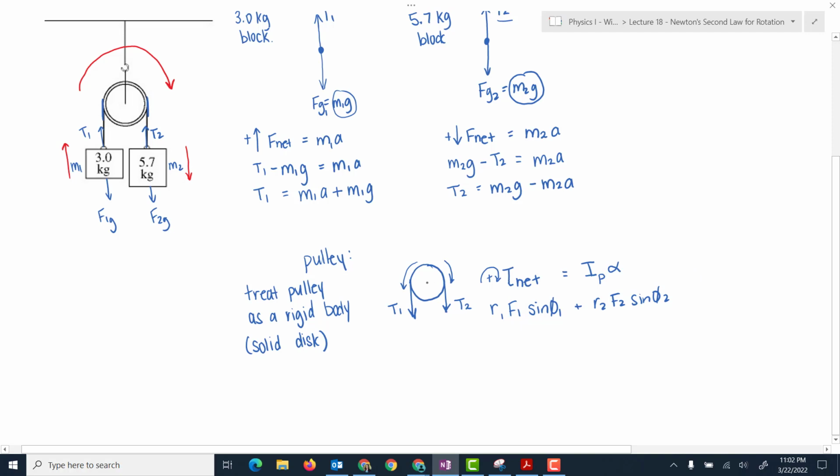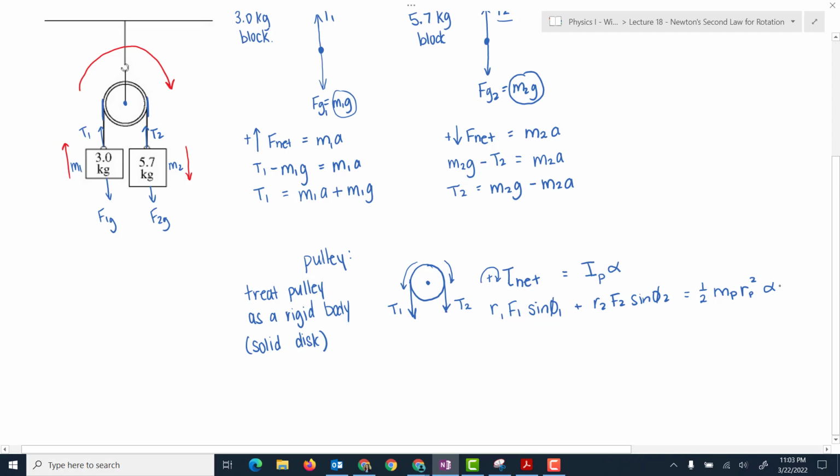It's rotating about its center of mass, because pulleys will always rotate about the center of mass. Remember, the moment of inertia of a solid disk is 1/2 mr squared. That was on the formula sheet. So all of that is equal to 1/2 m, this is m of the pulley, r is the radius of the pulley squared, because we're talking about the rigid body, which is that disk, the pulley, times alpha.